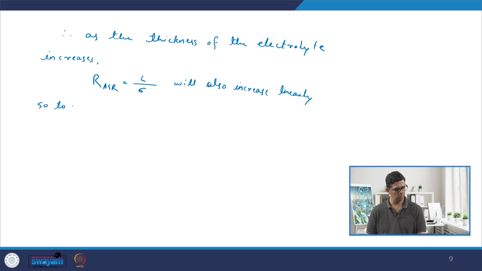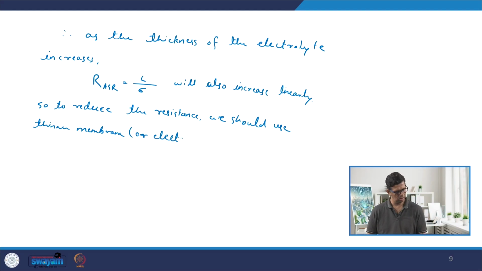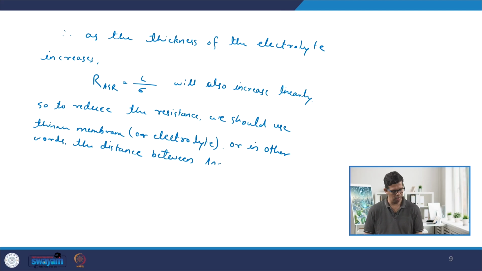So to reduce the resistance, that is R, we should use a thinner membrane or electrolyte, or in other words, the distance between the electrodes, that is anode and cathode, should be as minimum as possible.